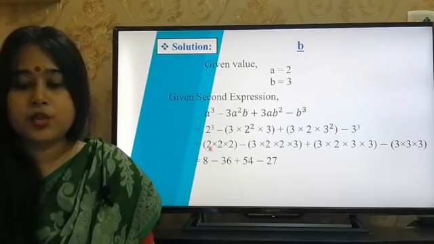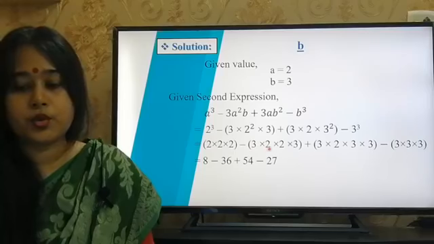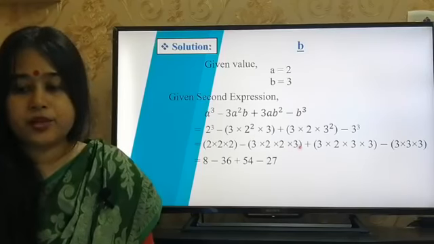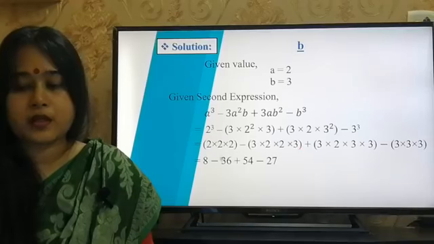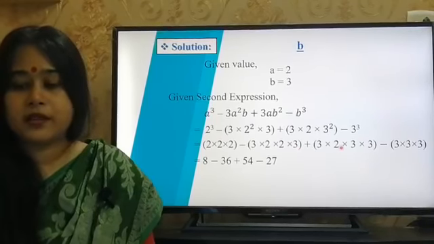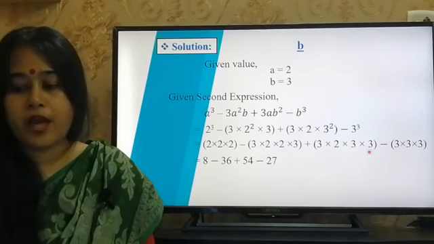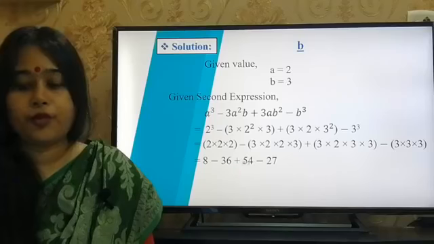If we multiply 2 into 2 into 2, we get 8, and 3 into 2 is 6, 6 into 2 is 12, 12 into 3 we get 36. Here 3 into 2 we have 6, 6 into 3 we have 18, 18 into 3 we have 54.